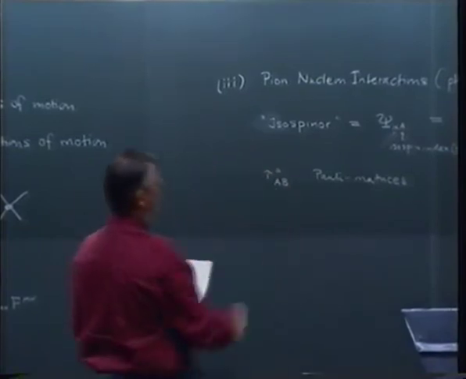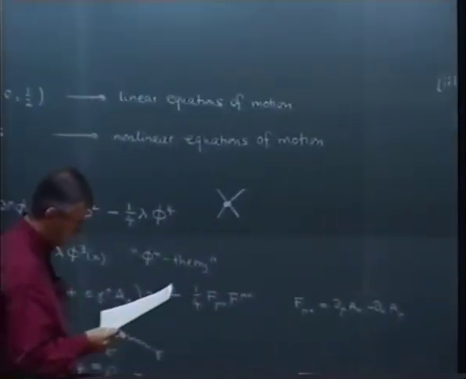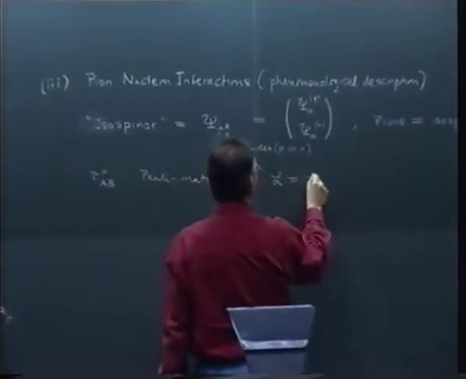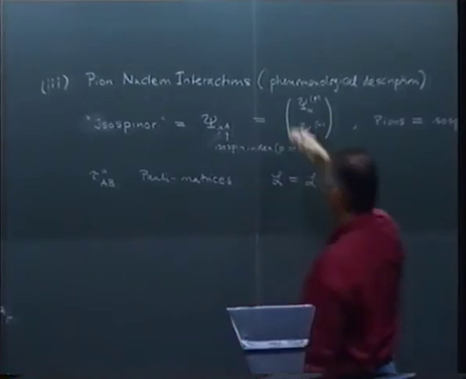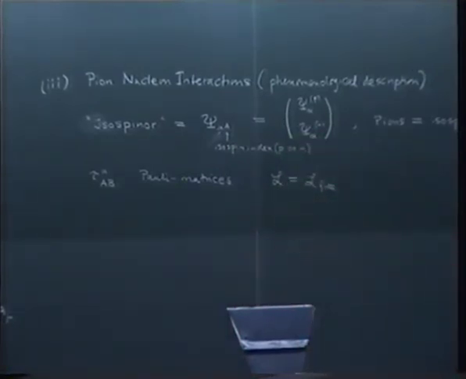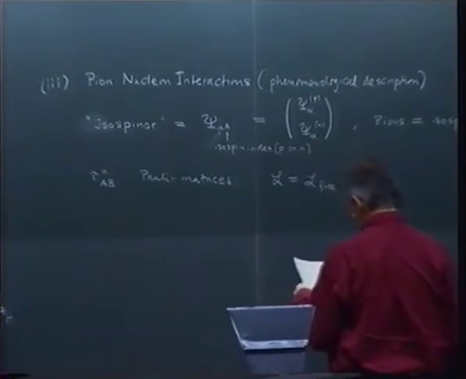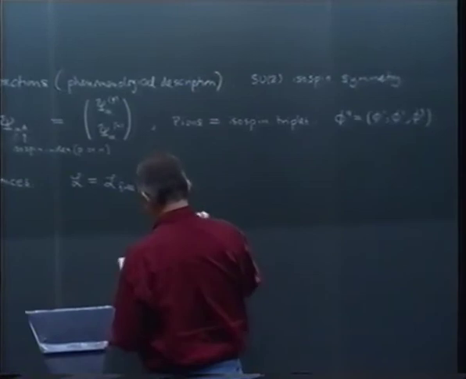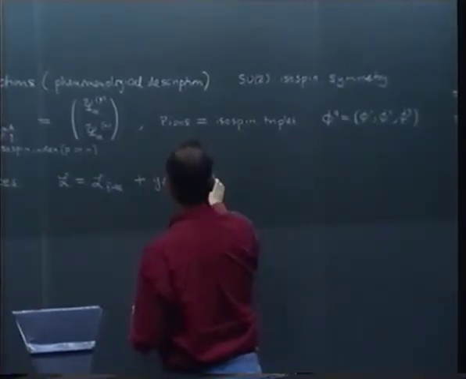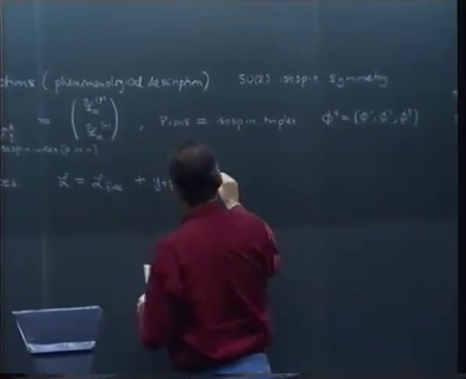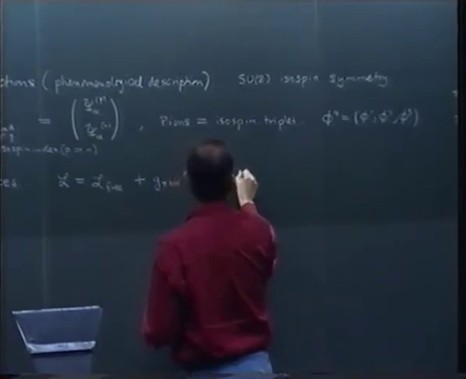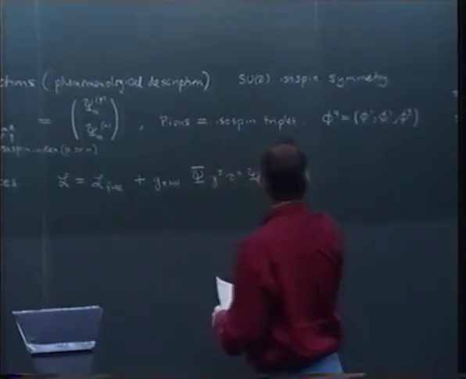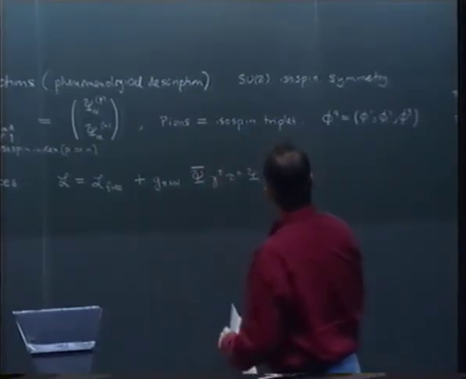And now given this Pauli matrix, we can write down interaction Lagrangians. So L will be L3 for these fields, which is the same as before, plus, and now I can write something like, well, there's a coupling constant, the pion-nucleon coupling constant, and then I write something like psi bar, gamma 5, tau A, psi times phi A. So what is this?